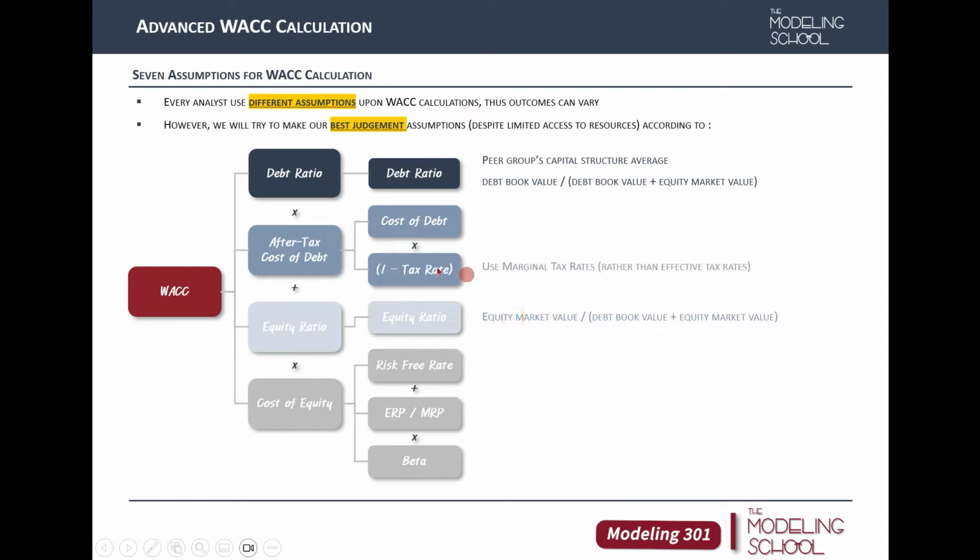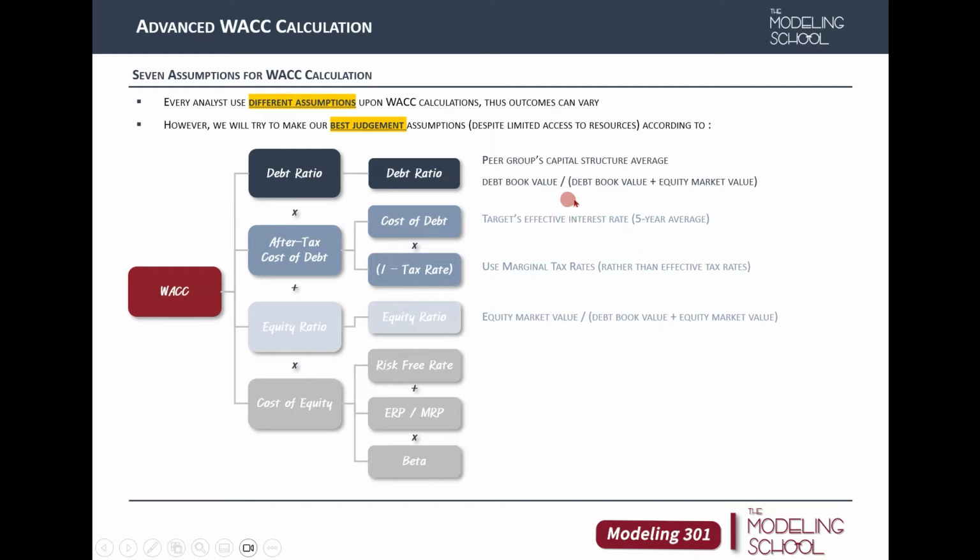Next, the tax rate and the cost of debt. For the tax rate, we can simply use marginal tax rates of the country where the company is incorporated. Cost of debt, there are many ways to calculate it, but for our example, we're going to use the target's effective interest rate.